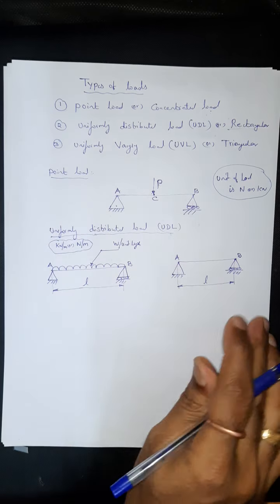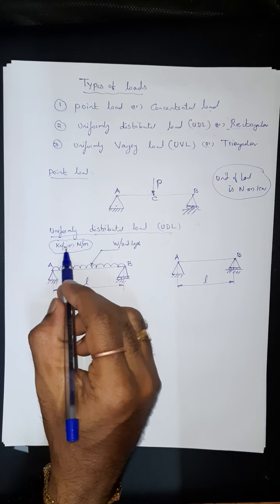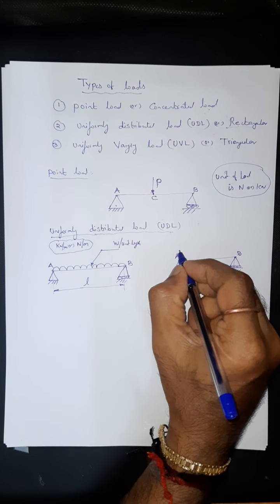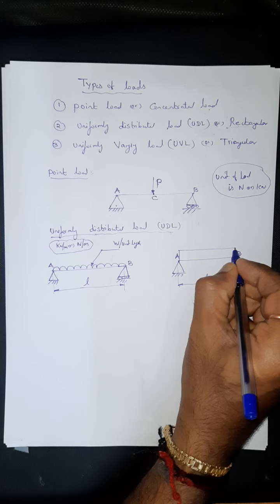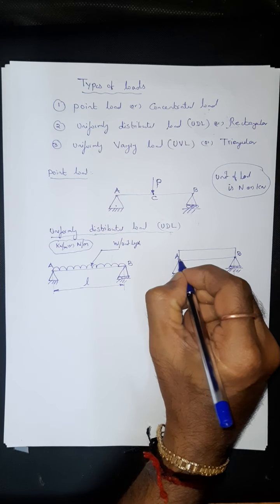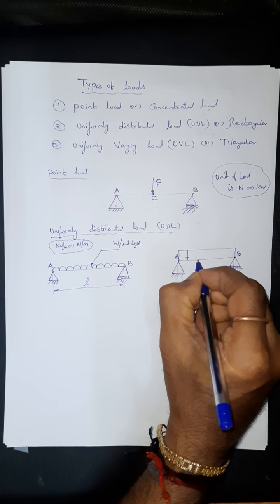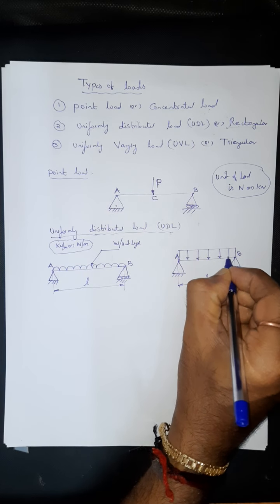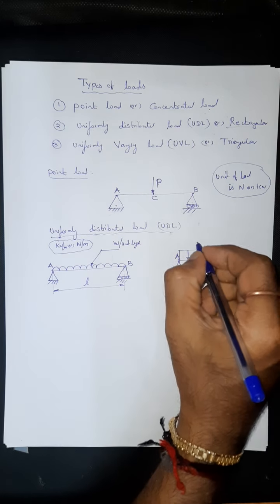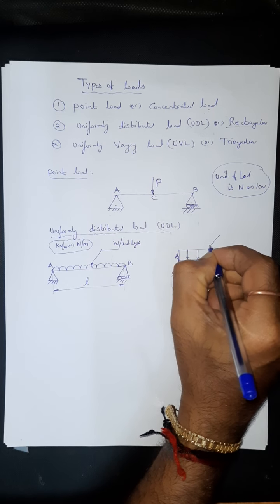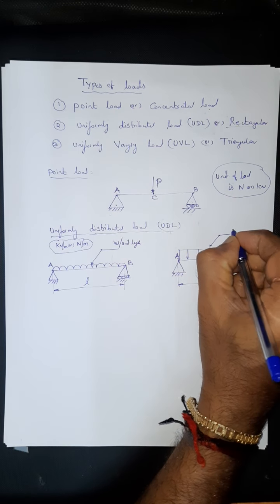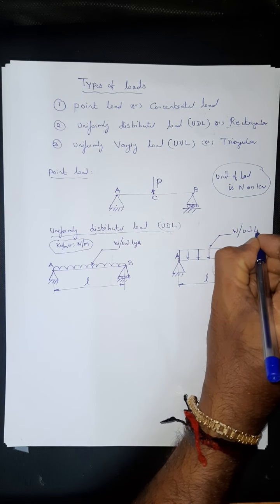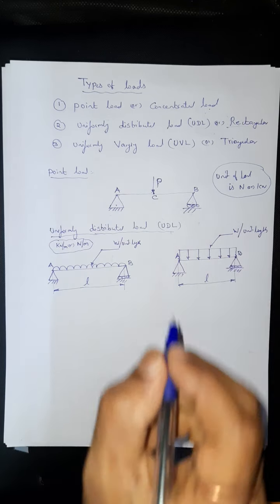Since it is a rectangular shape, it can be represented in this way also. Here the load intensity can be specified as W per unit length.